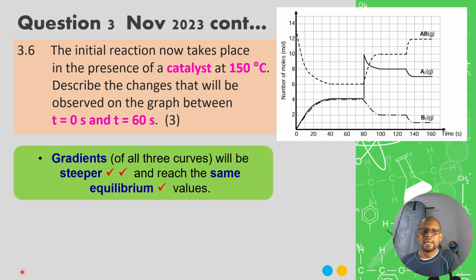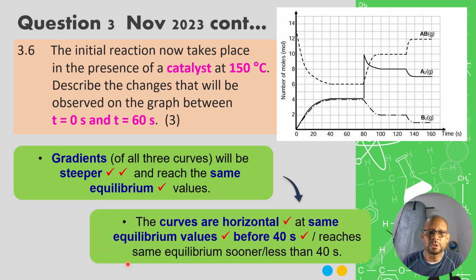Okay. The gradients of all 3 curves will be steeper and reach the same equilibrium values, and you can say in a shorter time period, if you want to add that to your answer. Okay, that's the answer for 3.6.